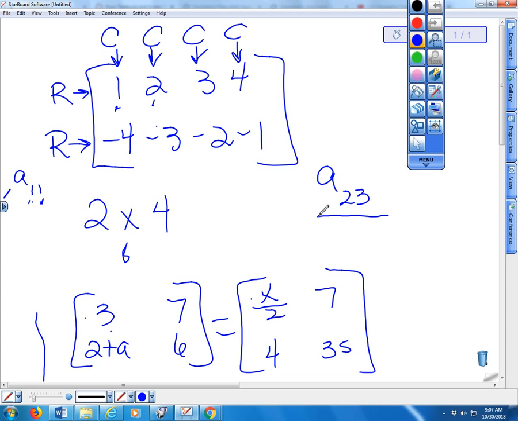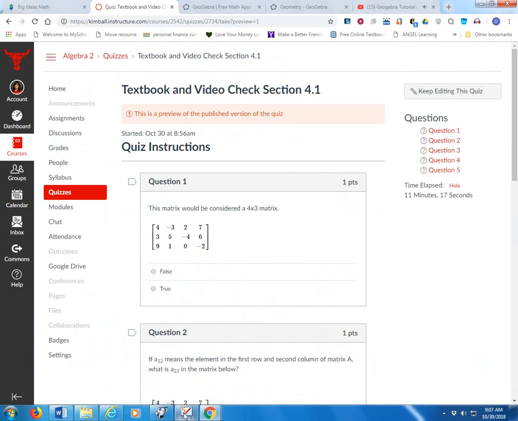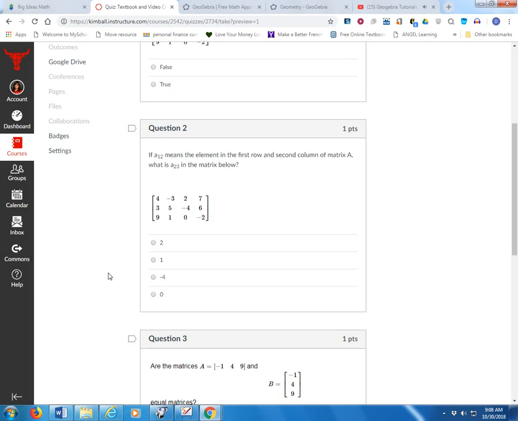Don't worry about the textbook check for you, but I'm going to go through it real quick just to review what we just talked about. So this matrix would be considered a 4 by 3. True or false? False, because it's rows and then columns, 3 by 4. Good. If A12 means the element in the first row, second column of this matrix, what is A23? -4.